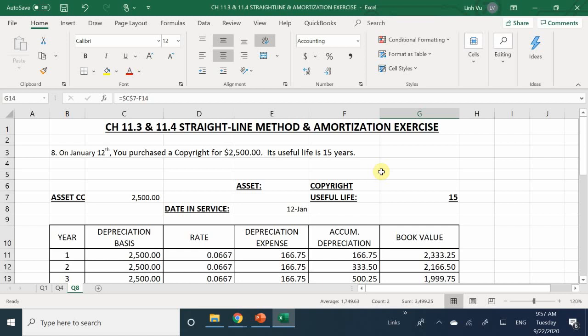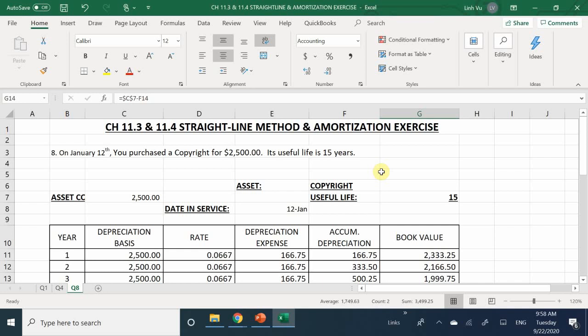Then it would be depreciation expense. Not depreciation expense. What are we looking at? Adjustment entry. We're looking at an intangible asset. Yes, we're looking at an intangible asset.